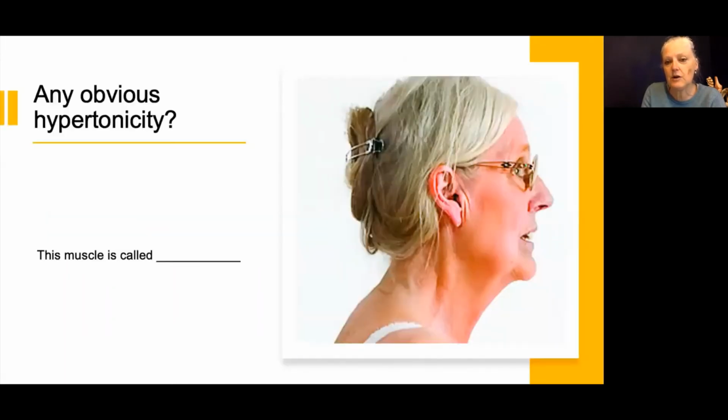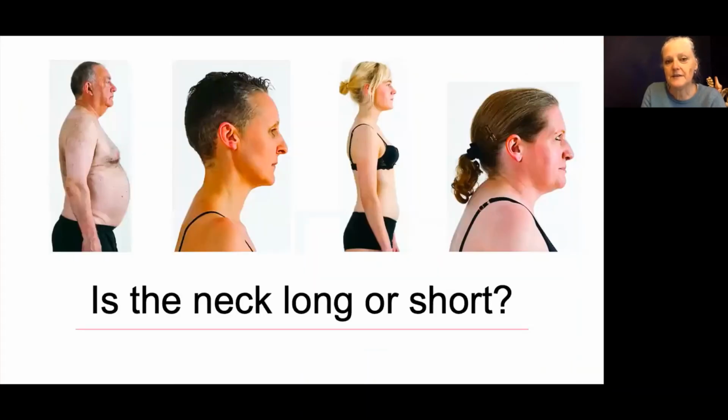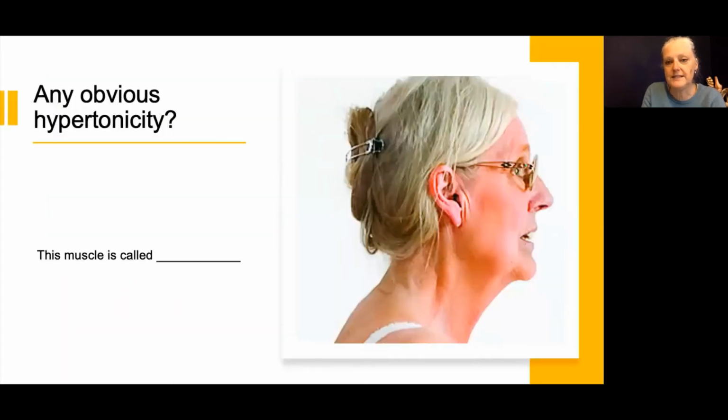Look for any obvious hypertonicity, so extra tone in muscles. Look at these people here. None of these have extra tone on the side of their neck. This lady does. That muscle is sternocleidomastoid, and I know that that lady has extra tone here for a very special reason. It's because from being a child, nobody realised that she's actually almost completely deaf in that ear.